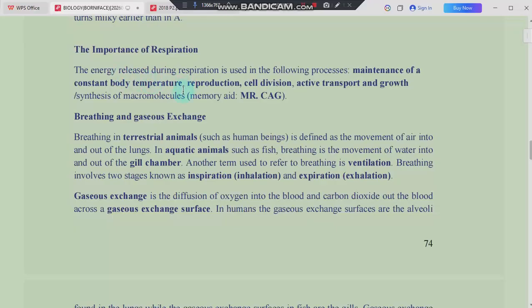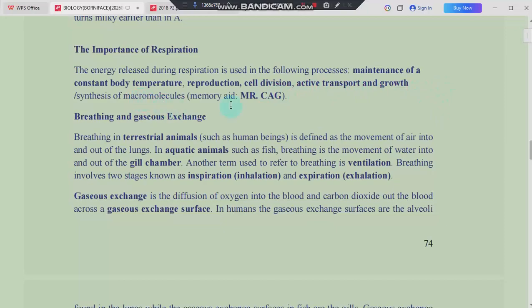Apart from that, reproduction also is important. Respiration makes reproduction possible. Apart from reproduction, it also helps to make sure that cell division occurs efficiently. Apart from that, we also have active transport and growth, or the synthesis of macromolecules.